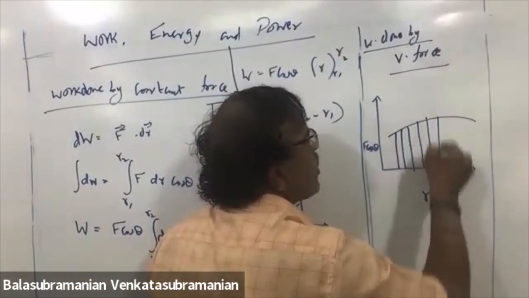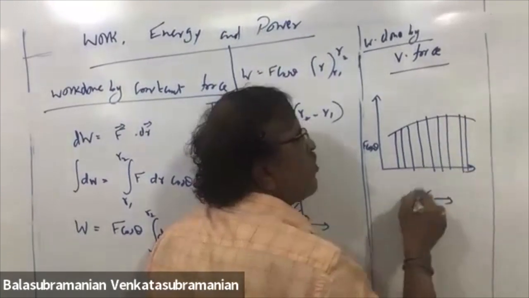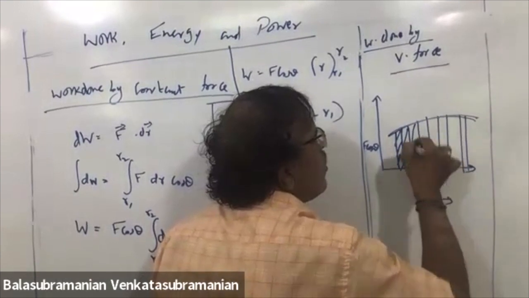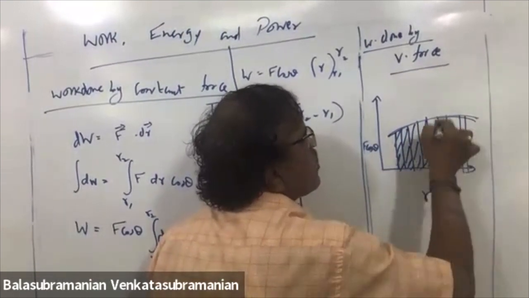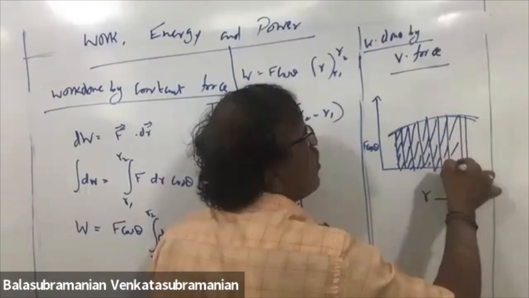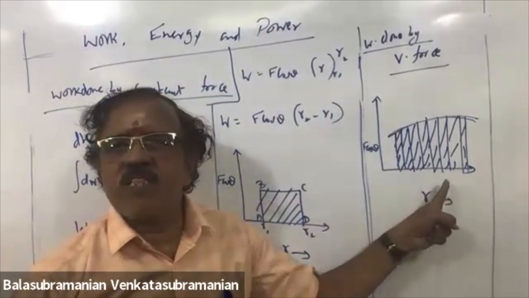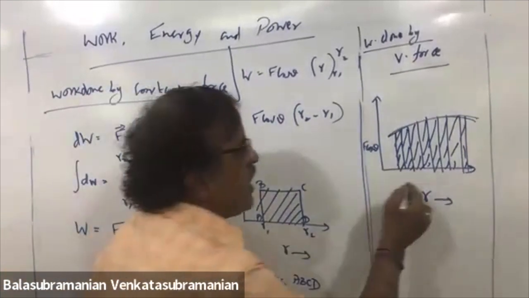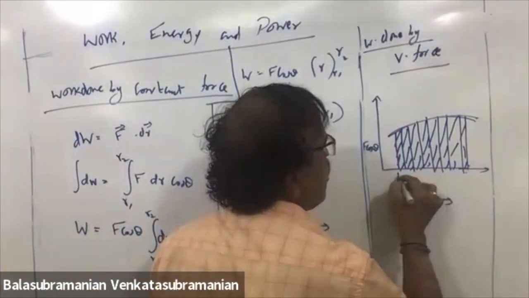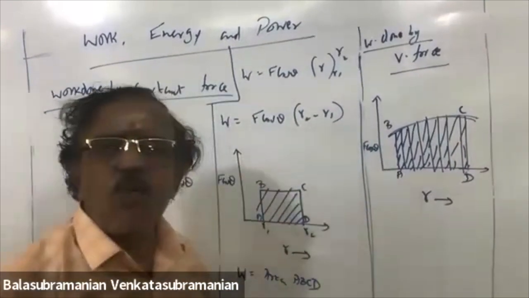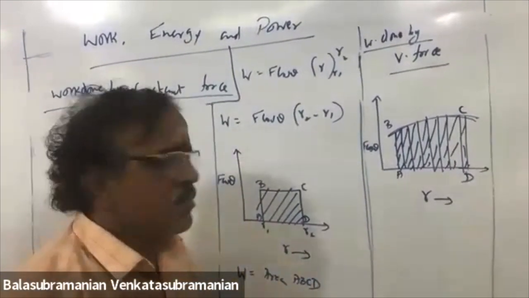Every value you have taken is a small portion. Join all, combine all the areas. The area of the graph ABCD is nothing but the work done by variable force.